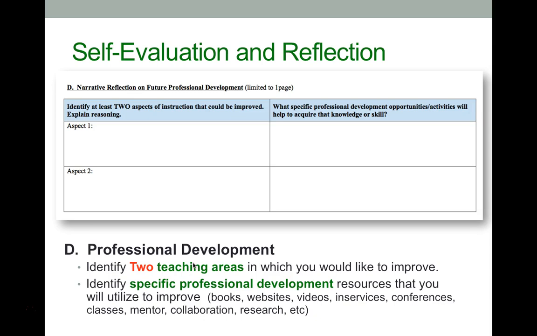And you can talk about your books or websites or videos or whatever you think might work to help you get new knowledge or new material to give those two items the possibility to improve.